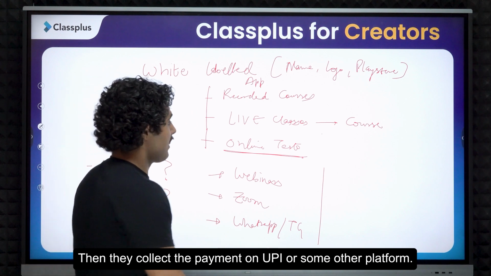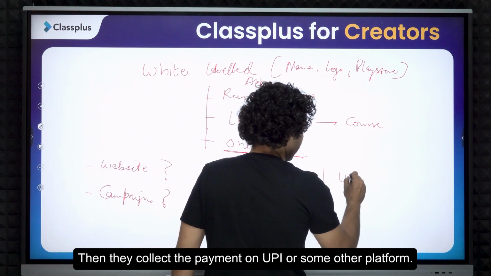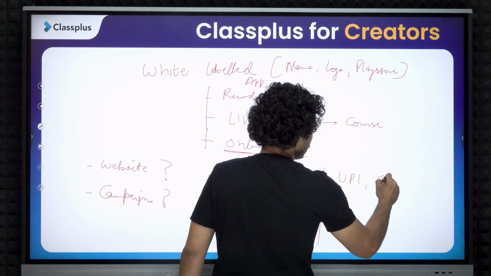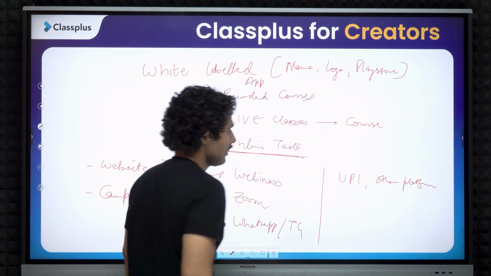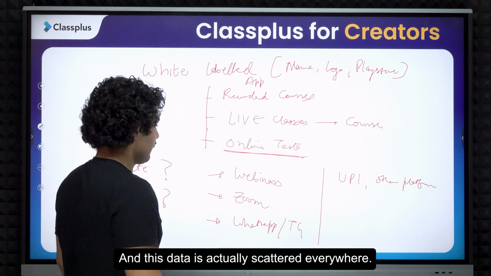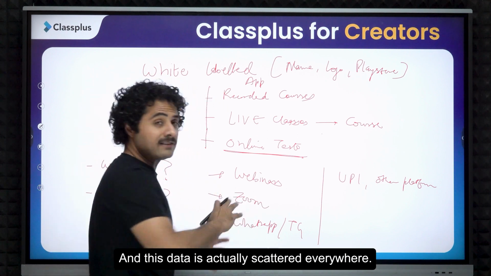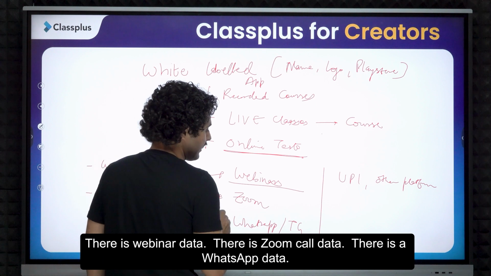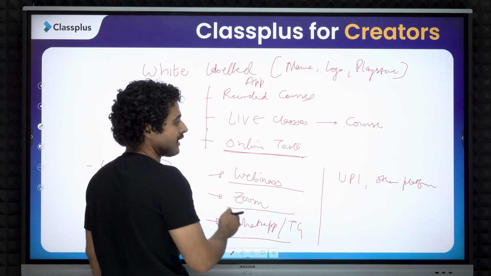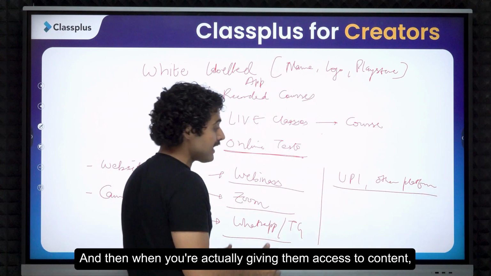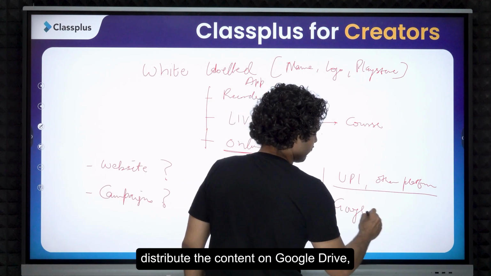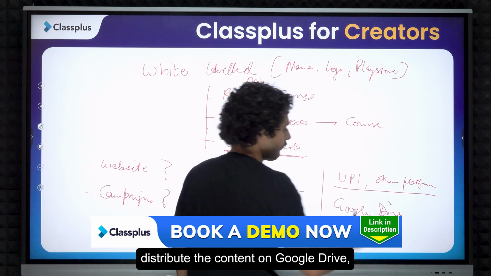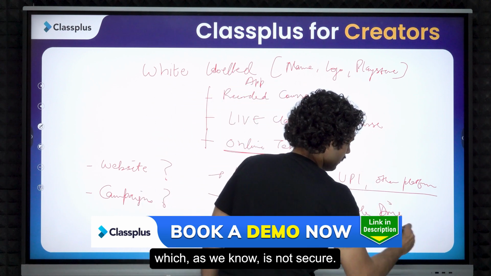Then they collect the payment on UPI or some other platform. And this data is actually scattered everywhere. There is webinar data, Zoom call data, WhatsApp data, then payment data. And when you're giving them access to content, some of these content creators distribute the content on Google Drive, which as we know is not secure.